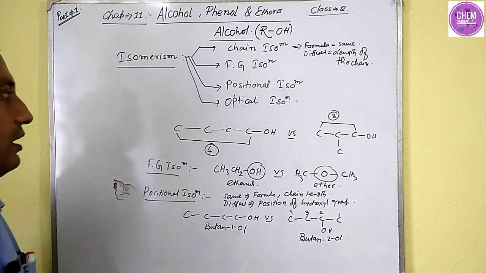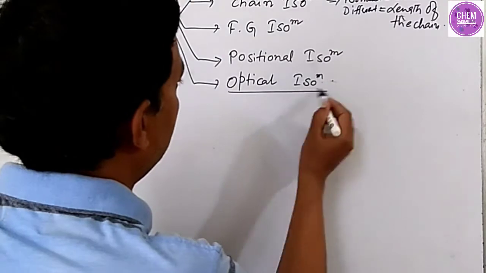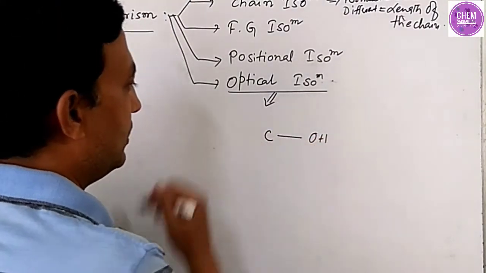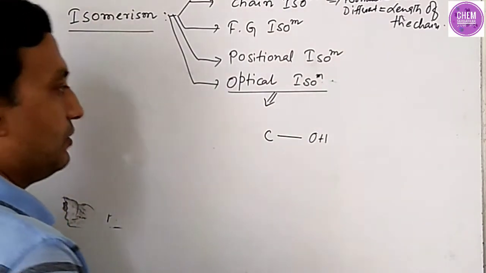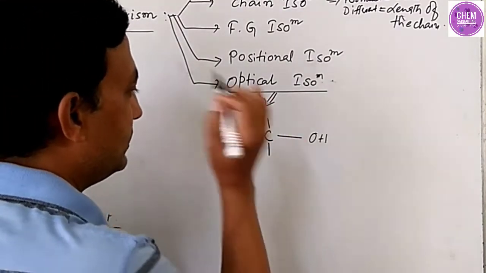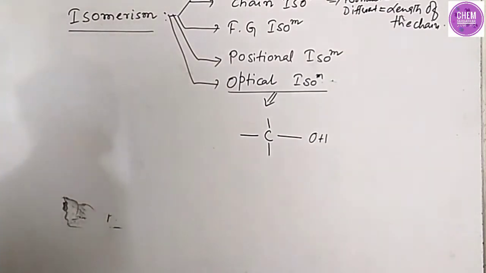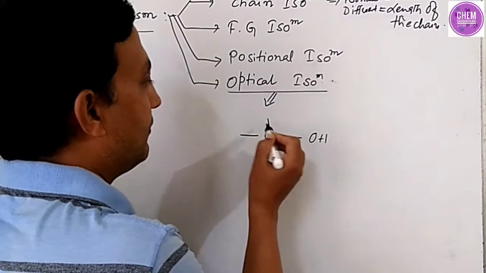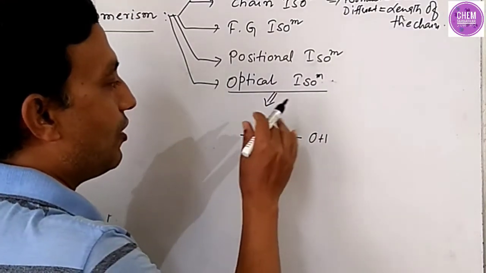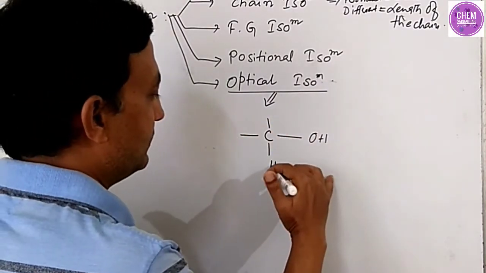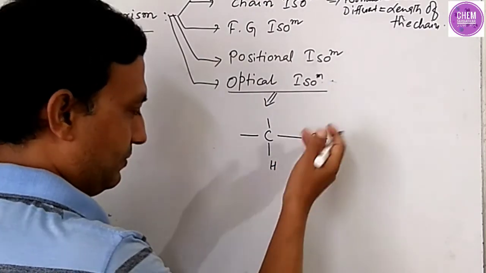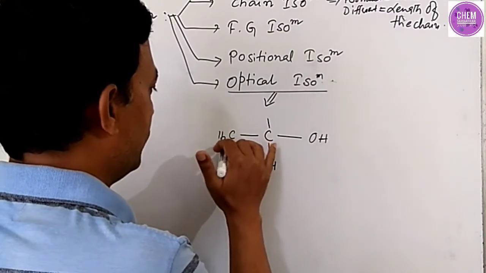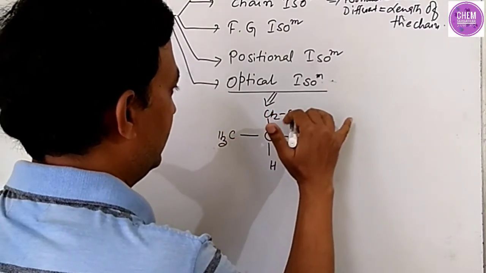Next, coming to optical isomerism. Optical isomerism means the hydroxyl group is attached to a carbon atom which is a chiral carbon atom. What is a chiral carbon atom? In simple definition, a chiral carbon atom means a carbon having 4 different groups. Suppose one is hydrogen, another is hydroxyl group, as we are studying alcohol, another one is methyl group and the other is ethyl group.